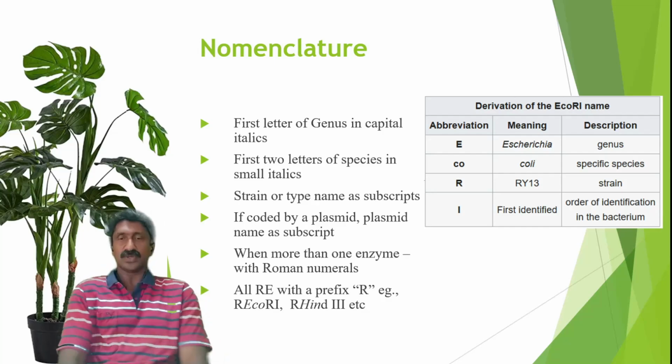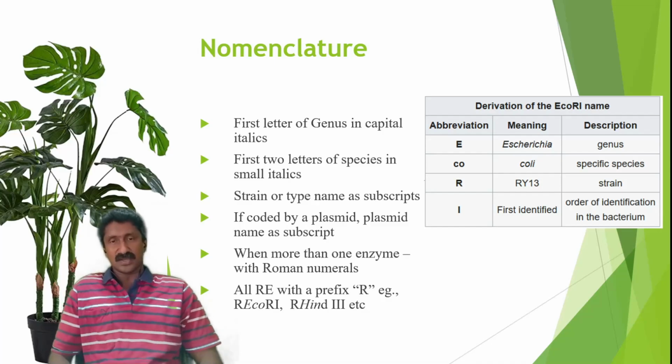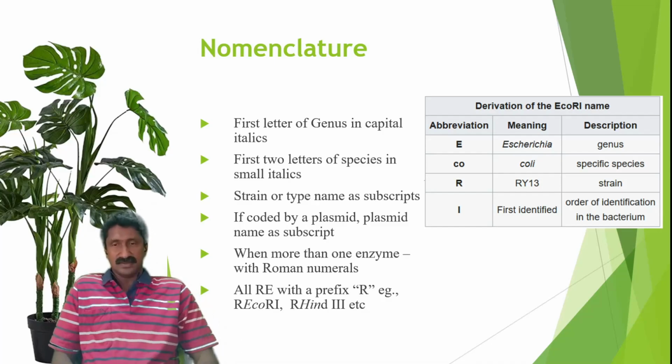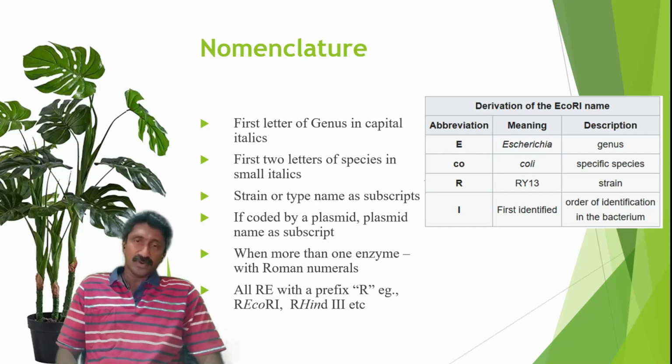But nowadays, you can't expect this to be seen in textbooks, because EcoRI is normally written without the R prefix, and the italics may also be avoided.